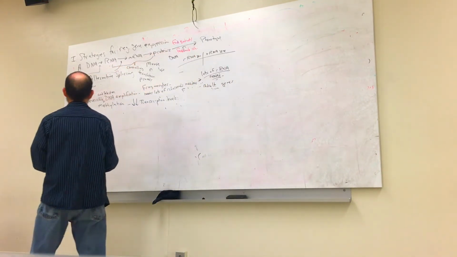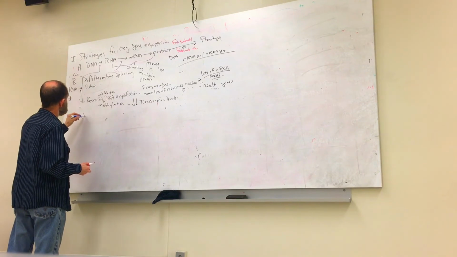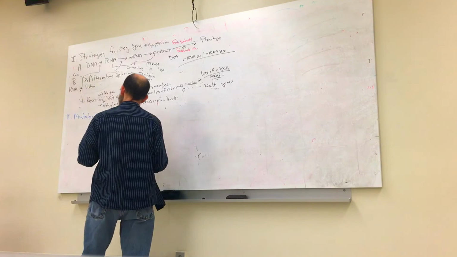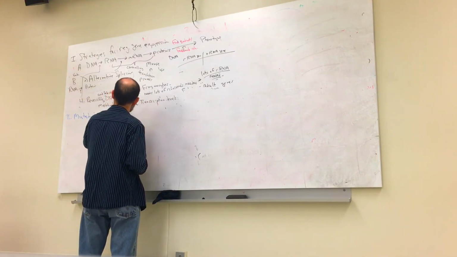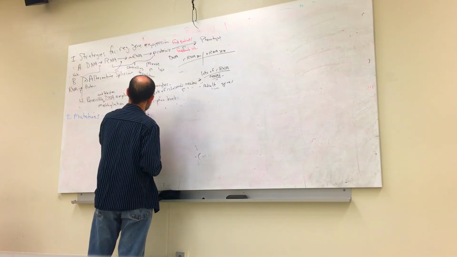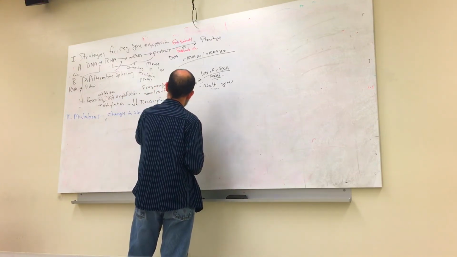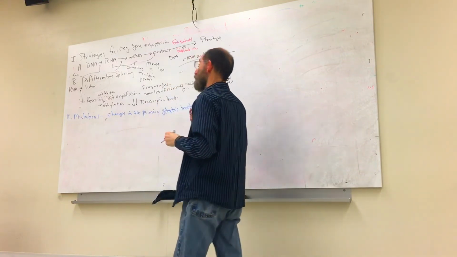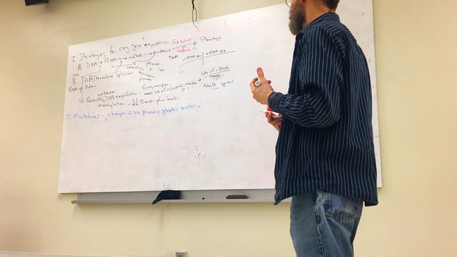So this would be mutations. Okay, so remember mutations, this has to do with changes in the primary genetic material, either for a cell or for a viral type entity, okay?